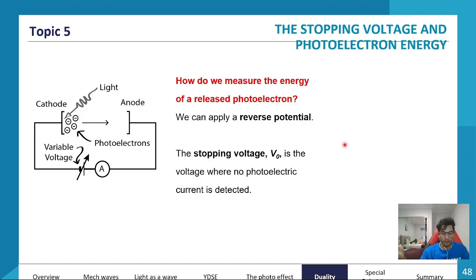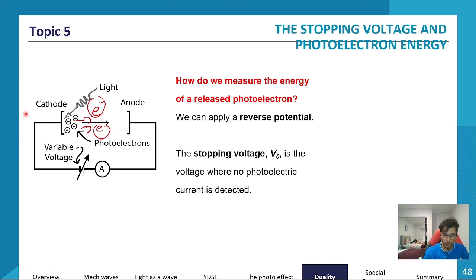So the thing was, when the light was shone onto the metal, electrons were getting ejected. You can imagine we have electrons here, and all of these electrons are getting ejected. What the scientists wanted to calculate was how much energy these electrons have.